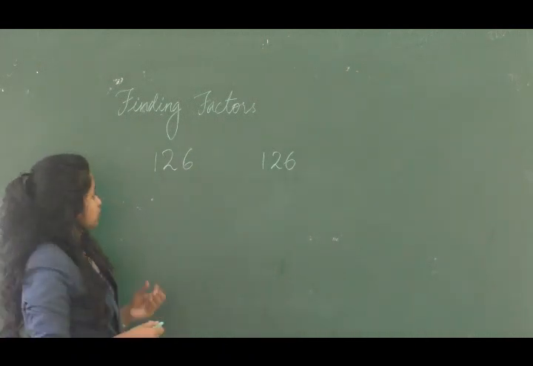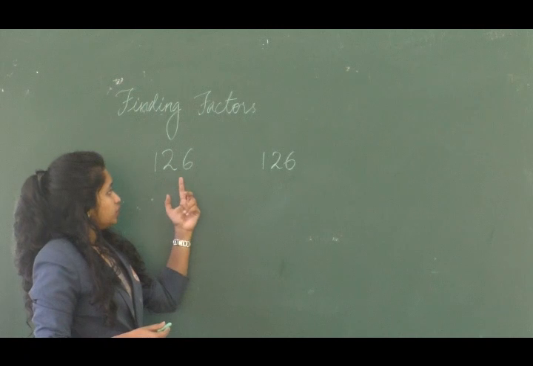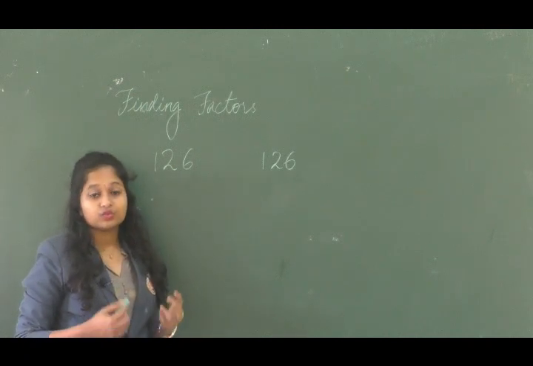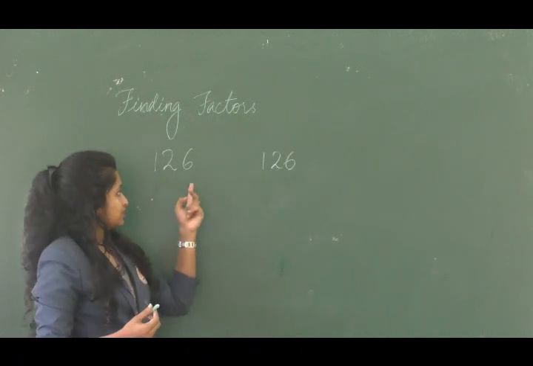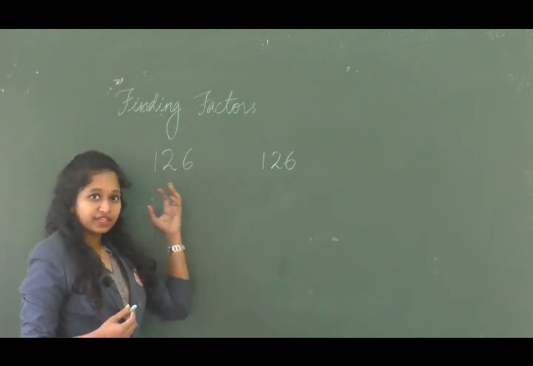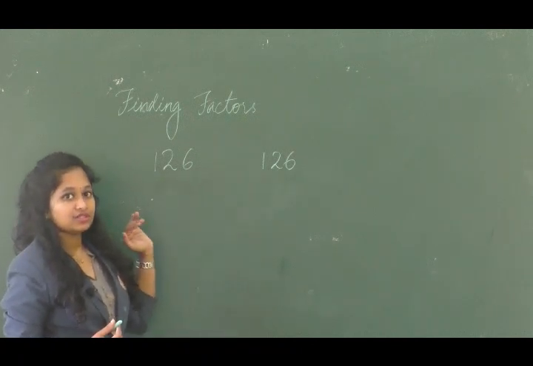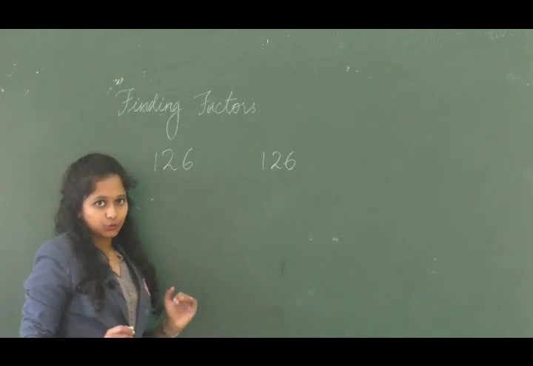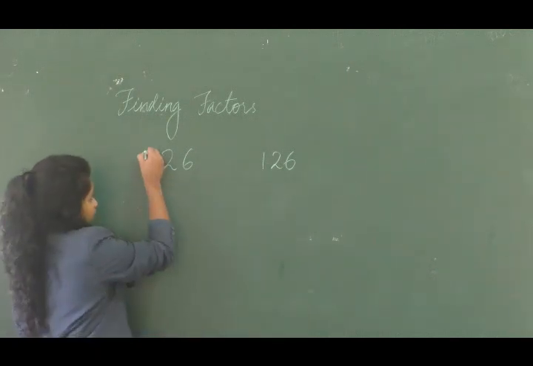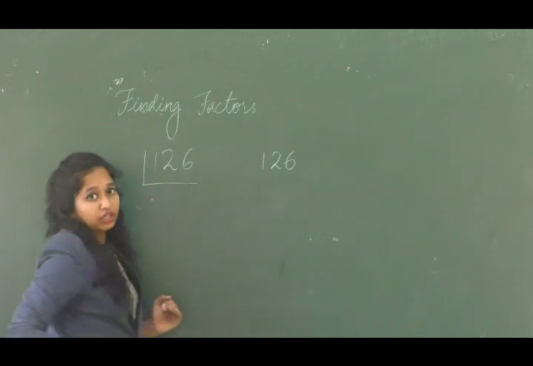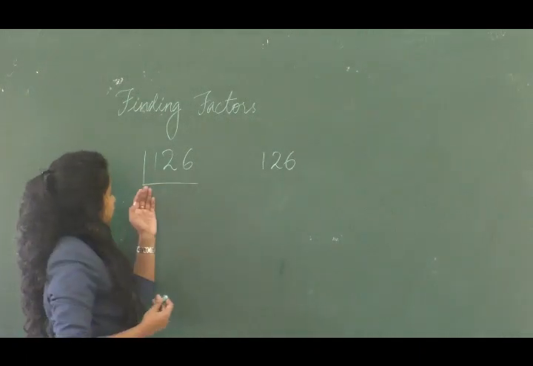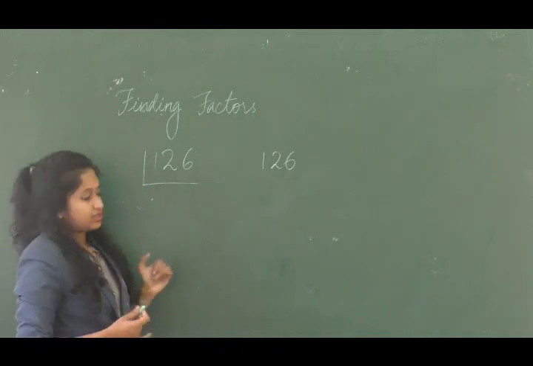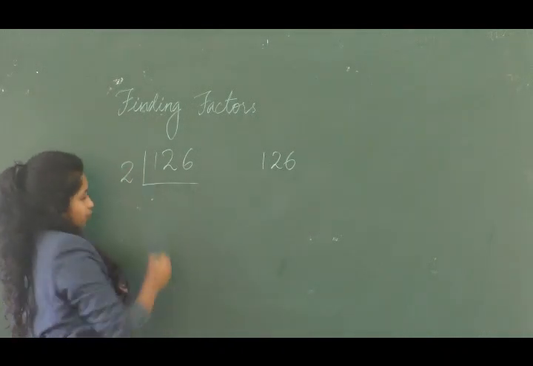So 126 is a number which is divisible by 2, isn't it? This is an even number, so it is divisible by 2. Some of you may know this method. Others, listen carefully. 126 is divisible by 2.